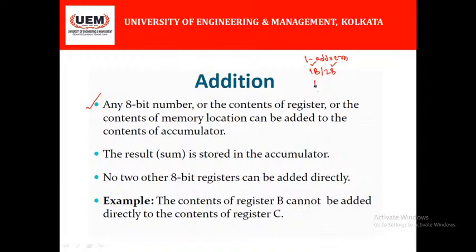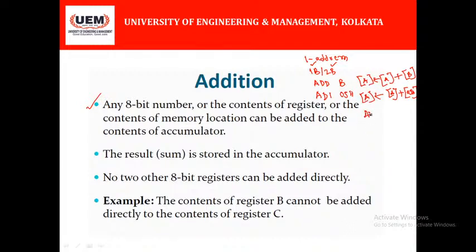For example, take the ADD B instruction. In that case, the content of the accumulator is added with the content of the B register and the result is stored in the A register. Another example, ADI 05H. In that case, the content of the accumulator is added with 05H, that is the hexadecimal data, and the result is stored in the accumulator register.